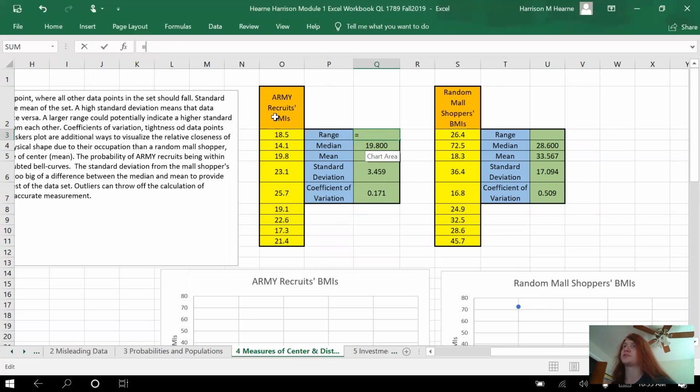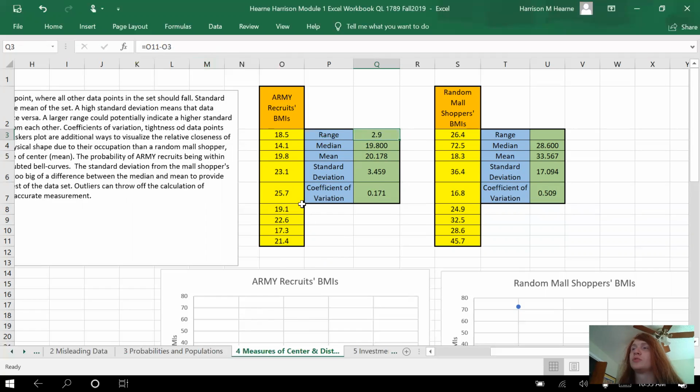For this table, this is looking at a randomly selected group of Army recruits' BMIs. So the greatest BMI was 21.4. After we hit the equal sign, we're going to click on that cell, and then we are going to subtract the smallest data entry from this set, and hit enter. And we can see that the range of this data set is 2.9.